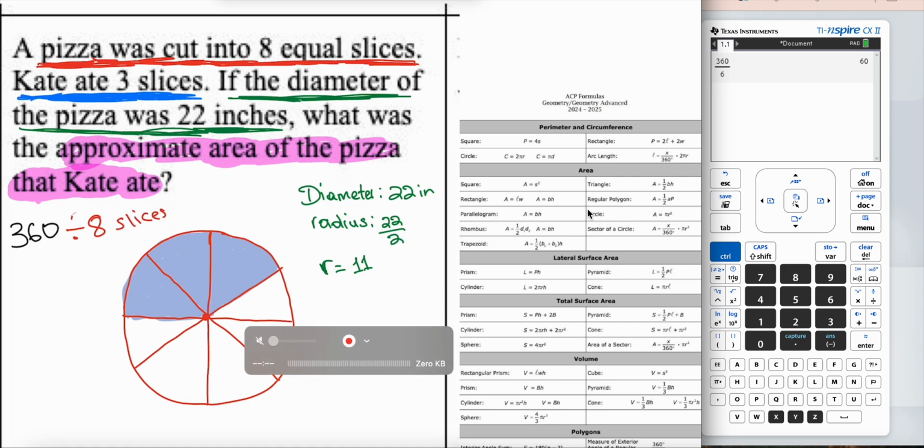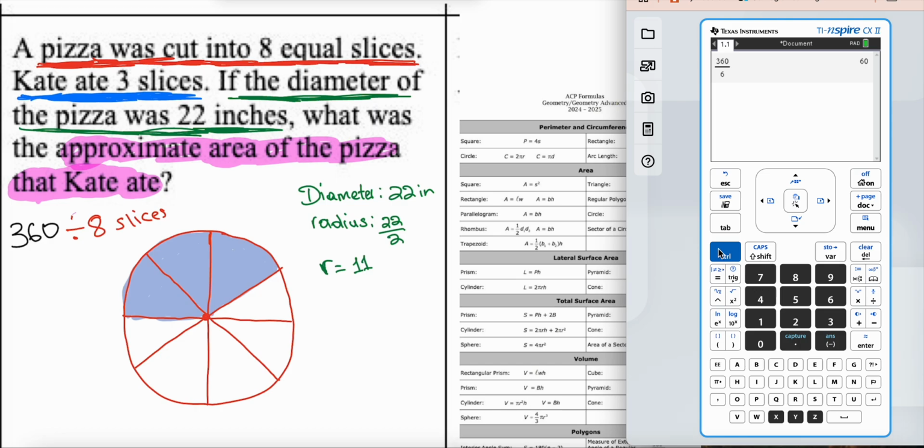So you can take your calculator and you do 360 divided by the 8 slices, and enter, and that's going to give us 45. So that's going to equal 45 degrees.